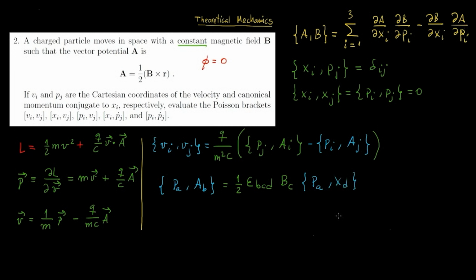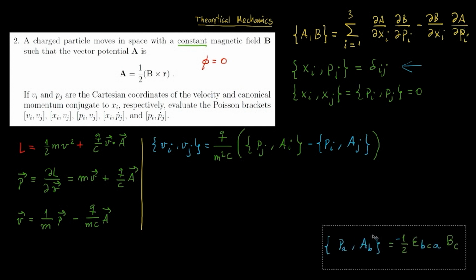But this is minus {x_d, p_a}, and this is delta d a because of that. So we add a minus sign here and delta d a. So we can write instead of d here a and delete this.